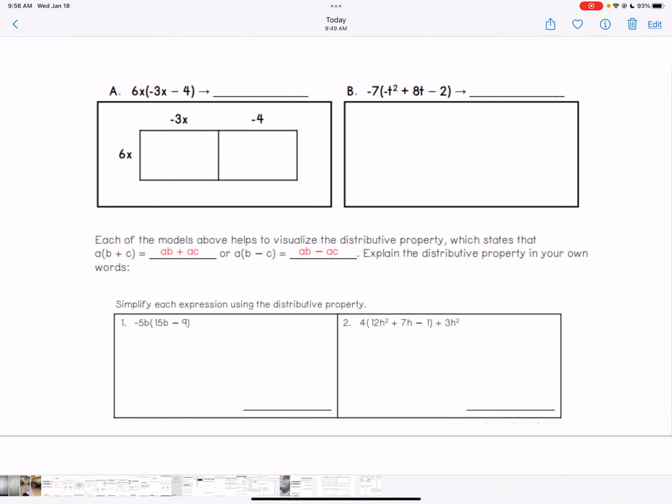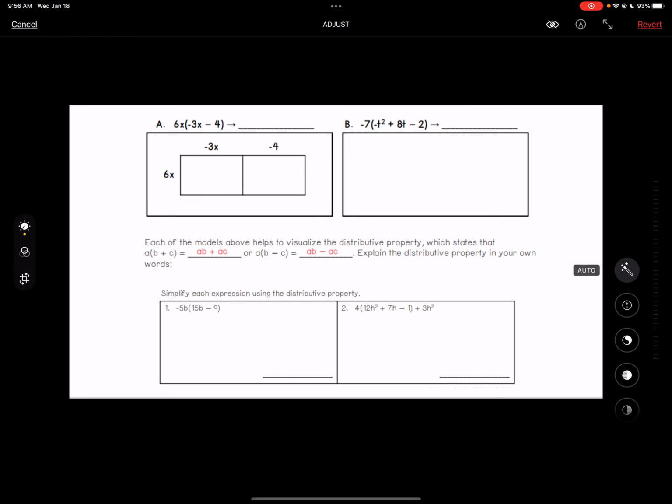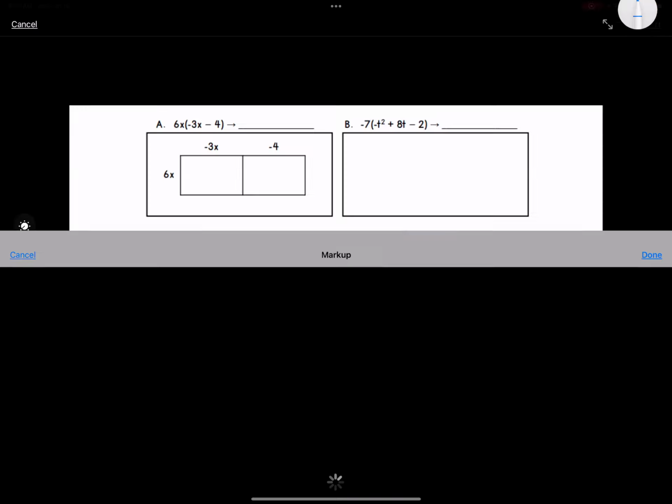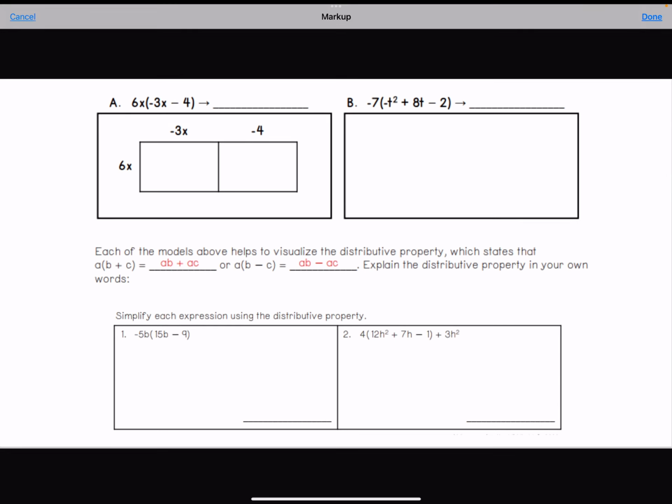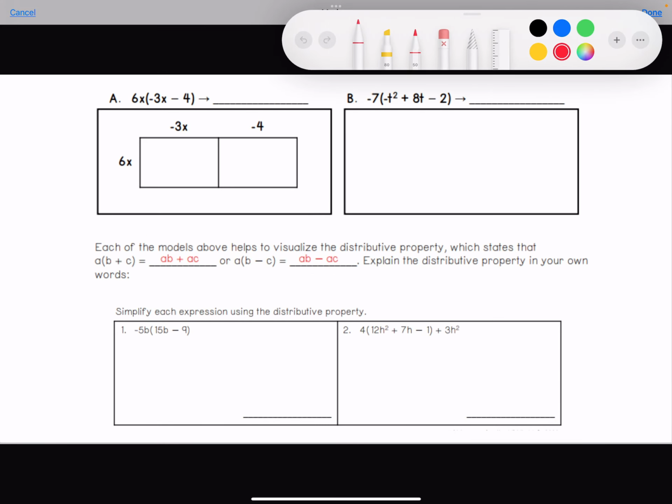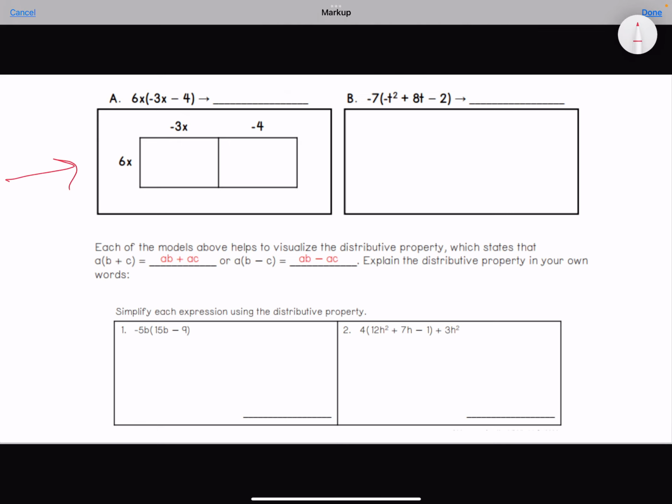Okay, so this is practice. So this is the area model. This is going to come in handy on the next lesson that you need to do on multiplying polynomials.